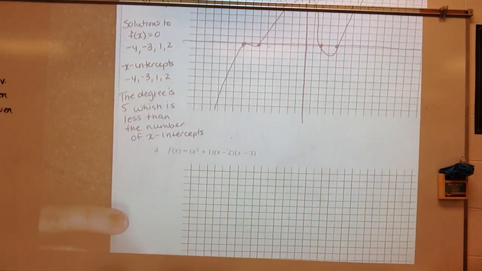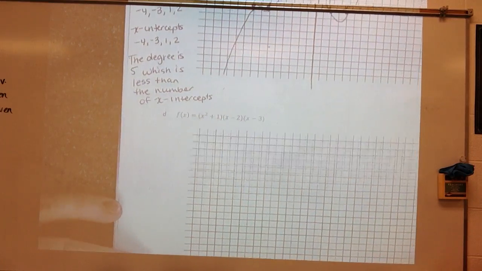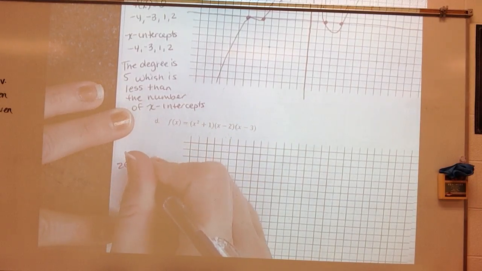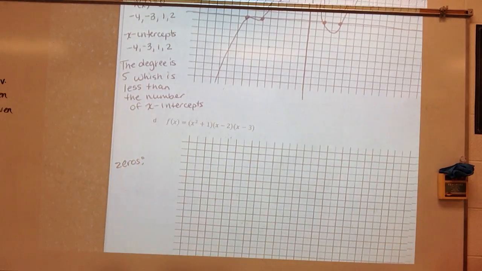All right, looking at D, let's look at our zeros. x squared plus 1 is equal to 0. I can't do that because it would be x squared is equal to -1. We don't take the square root of negative numbers right now, so there is not a 0 there.